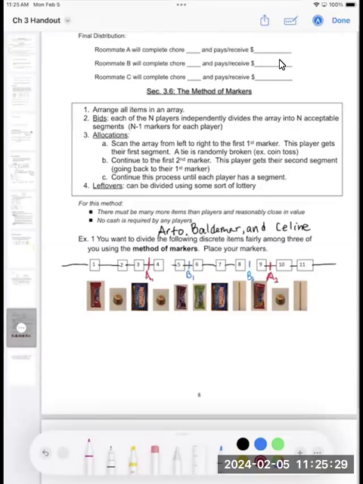All right, and then Celine is going to come in, and I'll use green for her, and she's going to place her markers based on what kind of candy she likes.